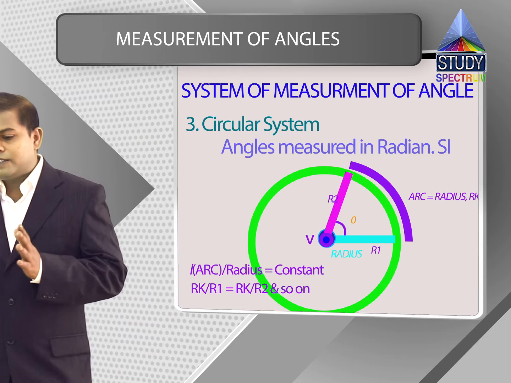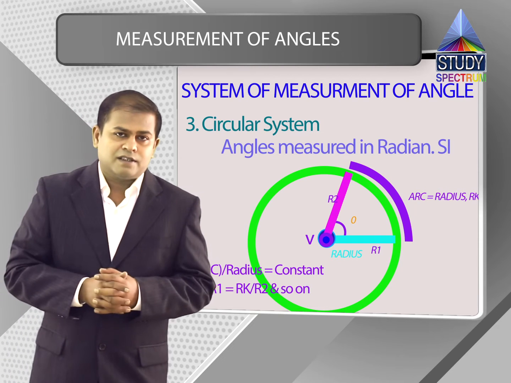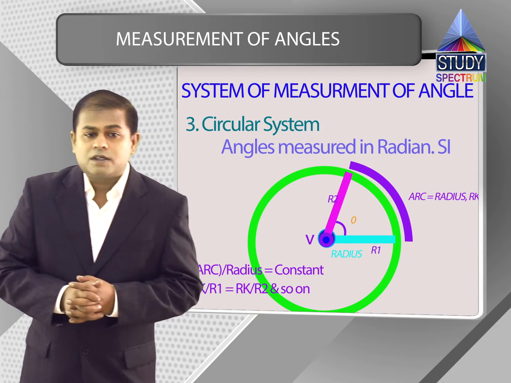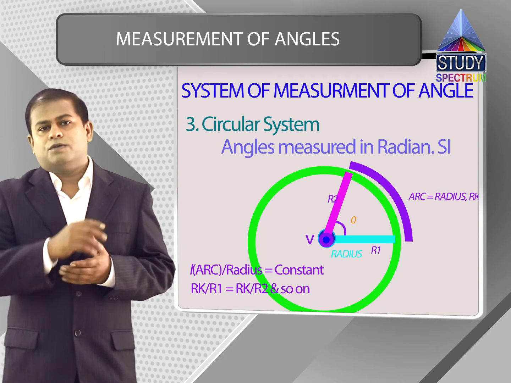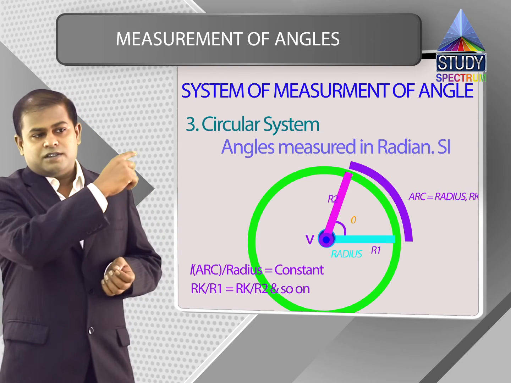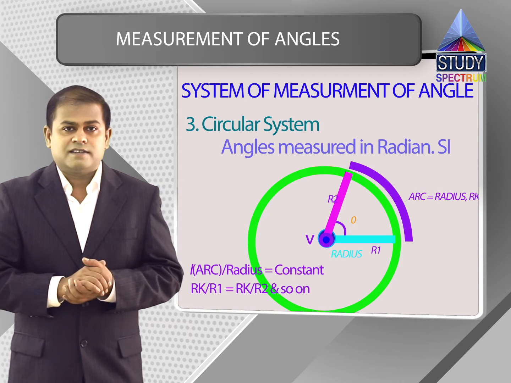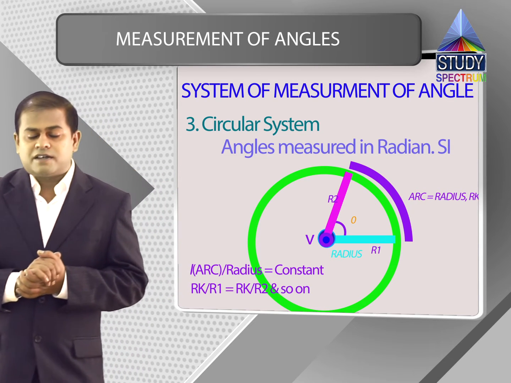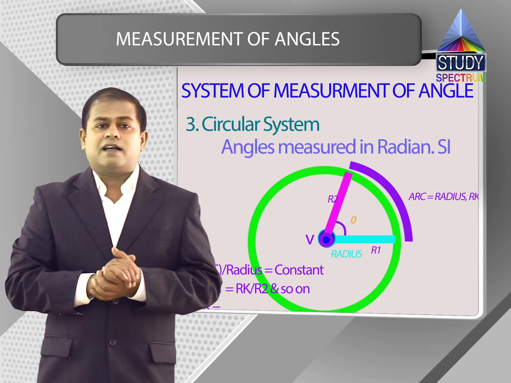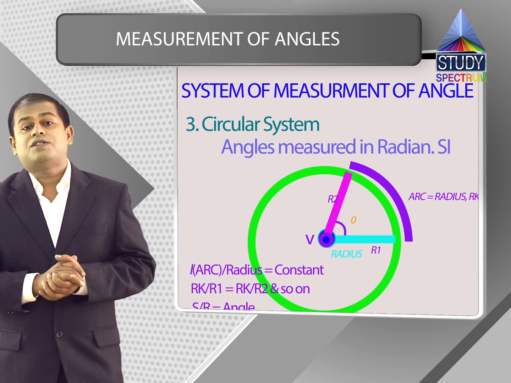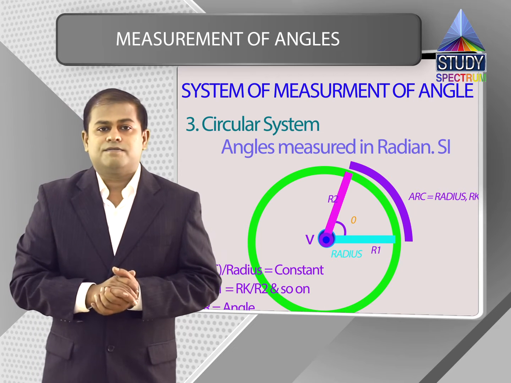So what our scientists or mathematicians decided was to consider this ratio. Which ratio? The ratio of length of arc, that is S, by radius R. This ratio S by R is taken to be the measure of angle.